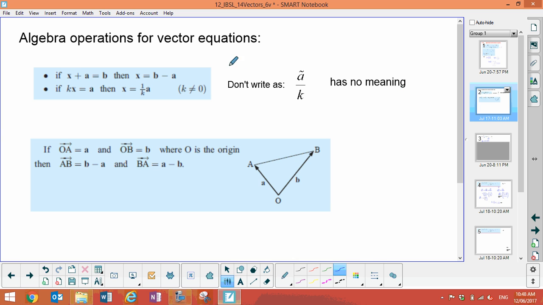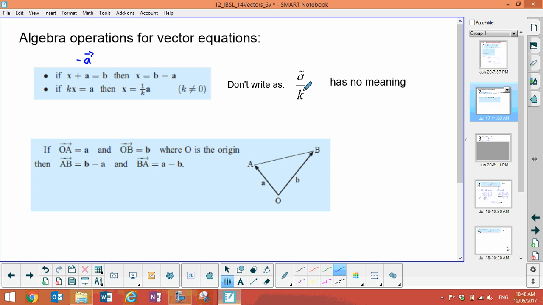Other algebraic operations, in other words, involving some unknown vector. If we're trying to find a vector x, which when added to A makes vector B, then we can just subtract A from both sides. We can do our normal algebra with our vectors, subtract A from both sides, and then we end up with x is equal to B minus A. If we know that k times some vector x equals A, then our vector x is equal to 1 over k times A, as long as k is not equal to 0.